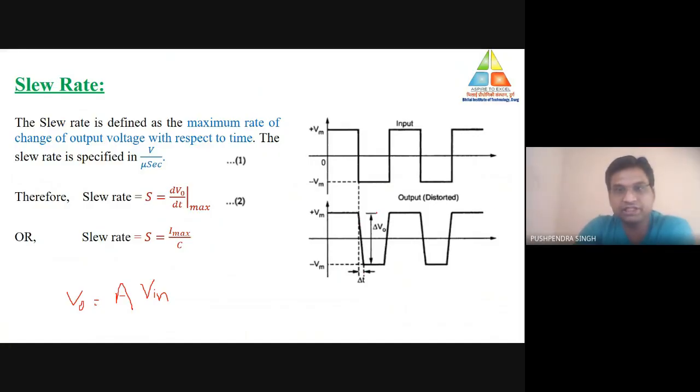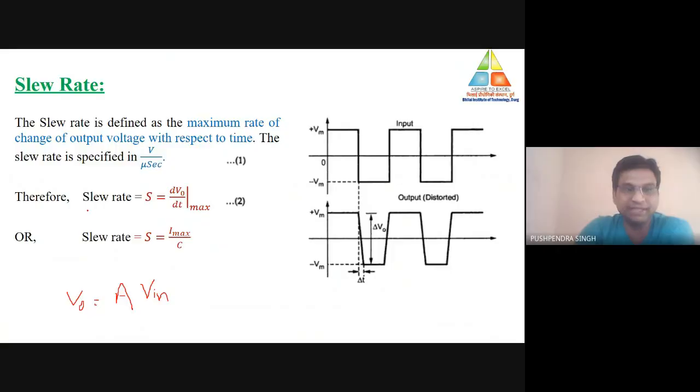How much is the change in the output? That change is represented by del V naught, where del V naught is the change in the output of the amplifier, and del T is the change in the time. How much change in the output with respect to time? That change is nothing but the slew rate.